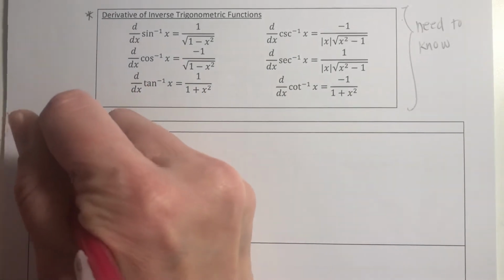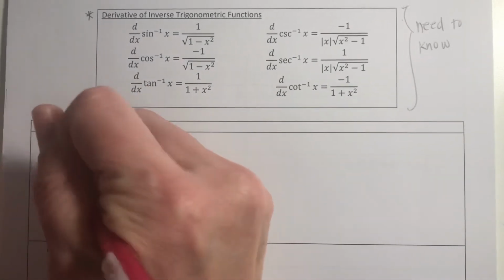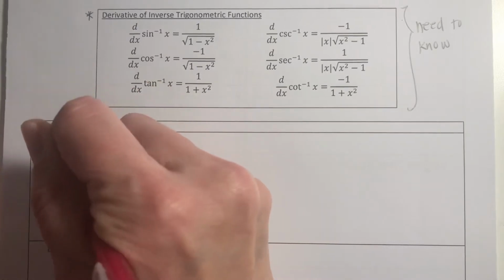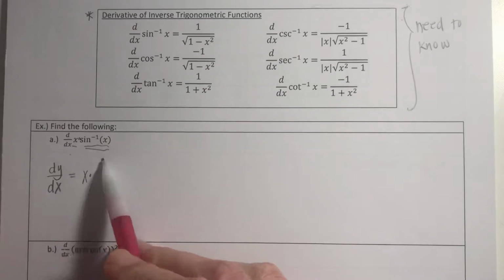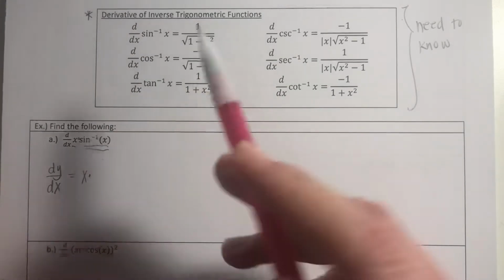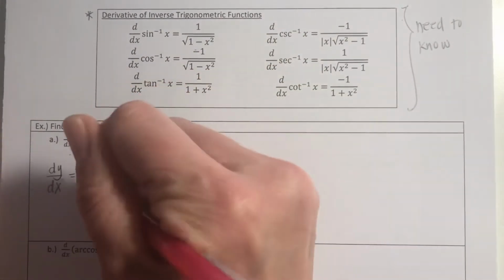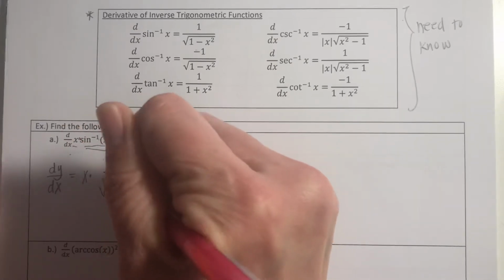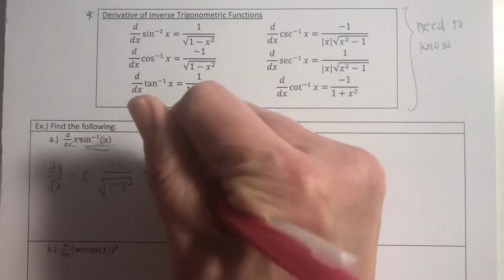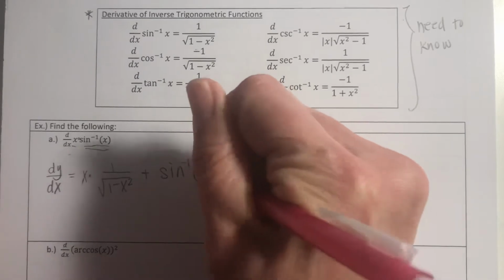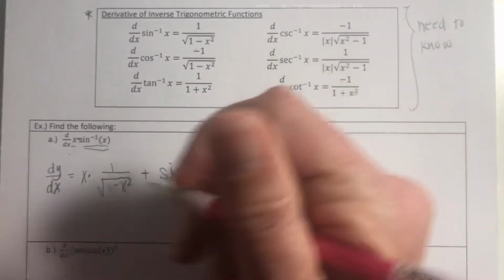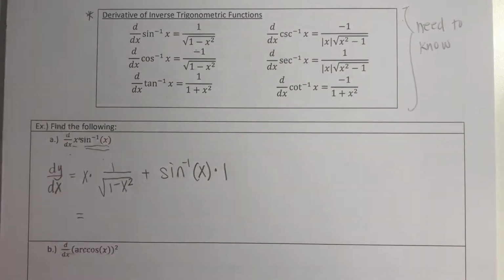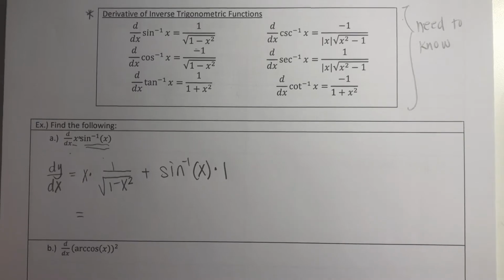So I'm going to find the derivative of our function with respect to x, which is going to be the first term times the derivative of sine inverse of x, which is going to be 1 over the square root of 1 minus x squared, plus the second term times the derivative of the first, which is just 1. Again, we can clean this up a little, and I will leave that for you guys to do on your own and check on Canvas.